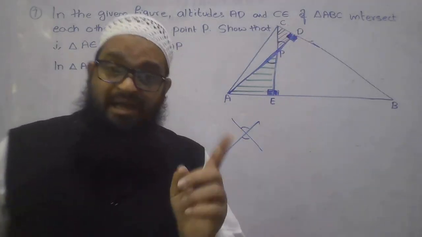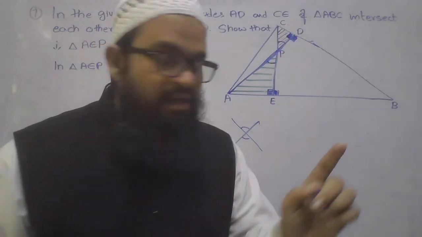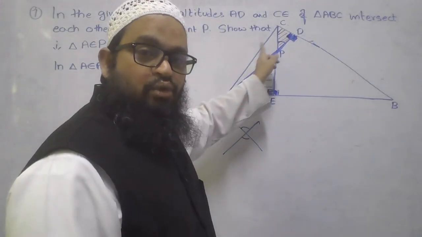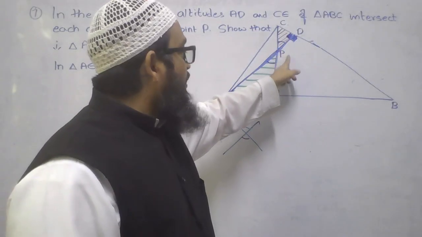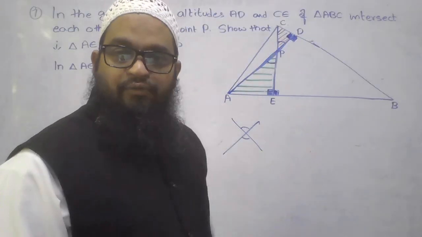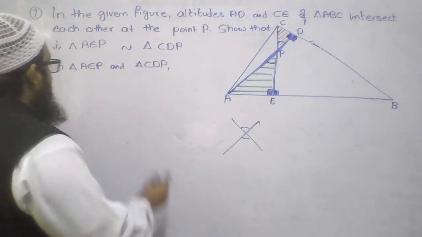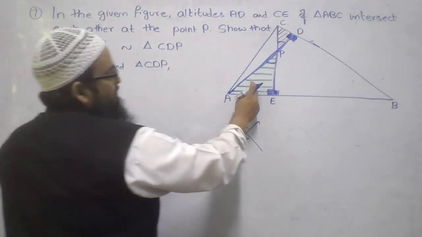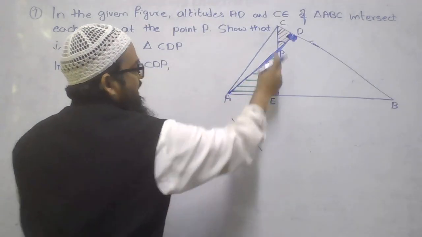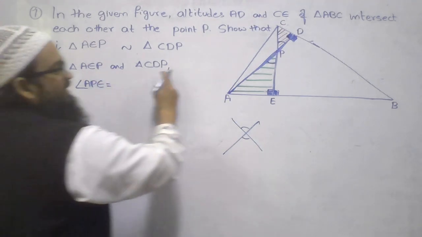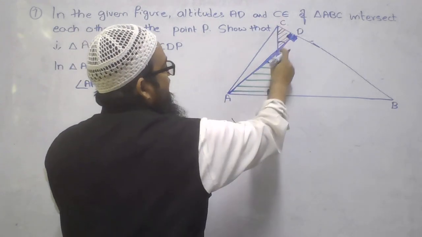You don't write angle P is equal to angle P, because at point P there are four angles formed, so you have to mention it along with its name. So angle APE is equal to angle CPD.